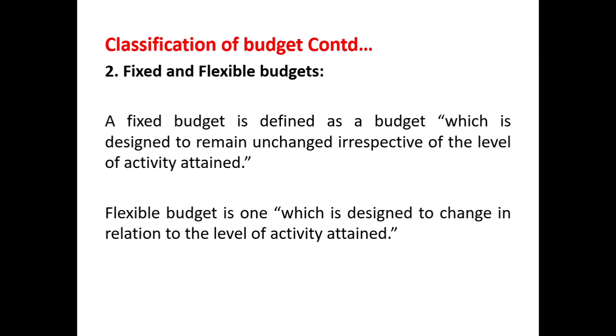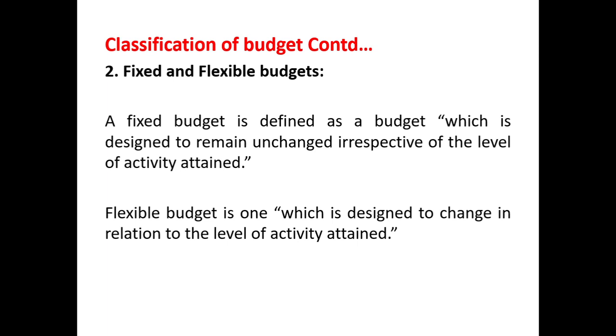Next, the second one is the flexible budget. A flexible budget is designed to change in relation to the level of activity attained. Here, activity means functions. For example, if the production increases, the flexible budget will also increase. If the production decreases, the flexible budget will also decrease. If purchases increase, flexible budget increases.